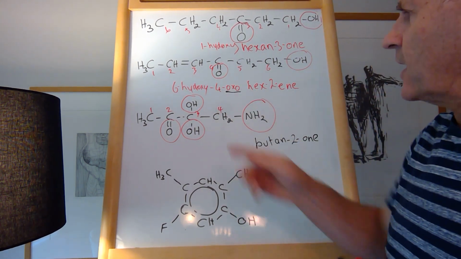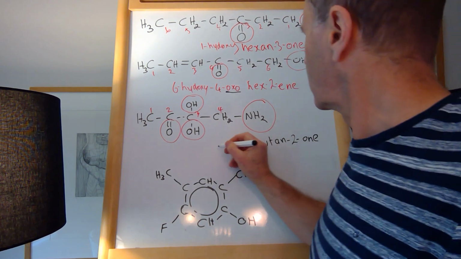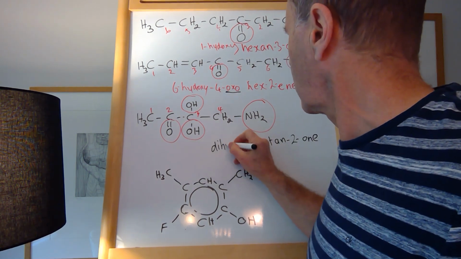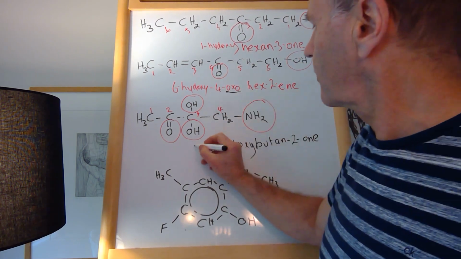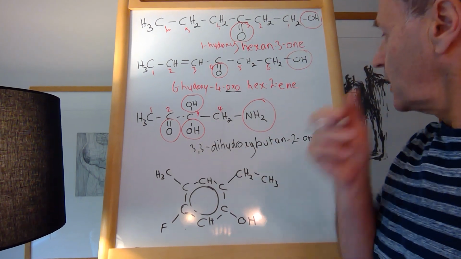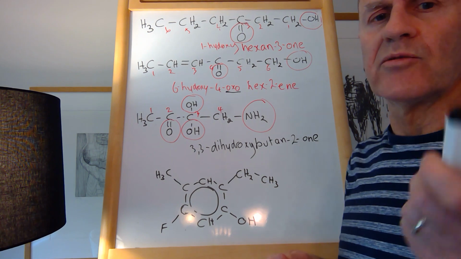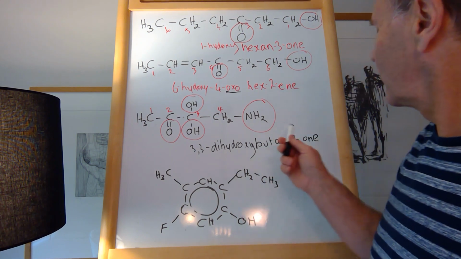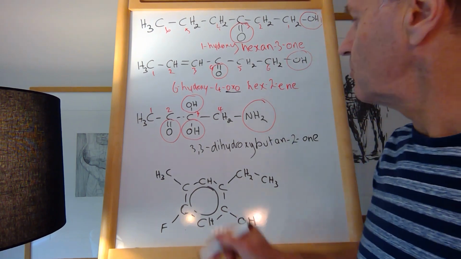So let's have a look at the hydroxyl groups. There's 2 of them, so it's dihydroxy. And they're both on the 3rd carbon. So 3,3, dihydroxybutane 2-one. But wait, there's more. And that's our amino group here, which is attached to carbon 4.